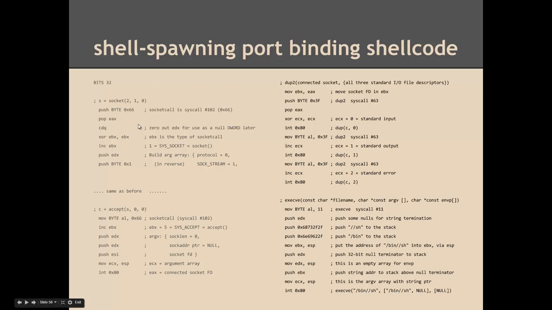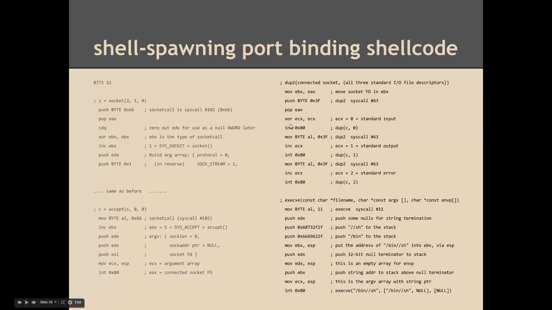So in order to get all the bind, listen, and now accept shellcode to actually spawn a shell, what we're going to have to do is use dup2. We're going to call it 3 times, and we're going to call on the new socket file descriptor, the return from accept.